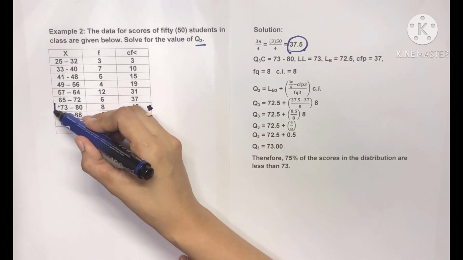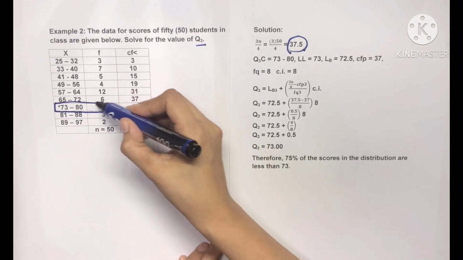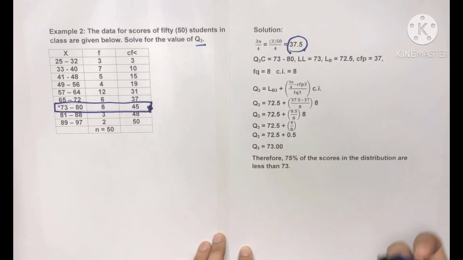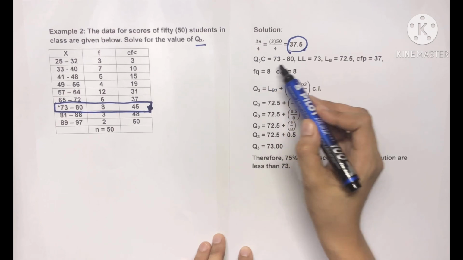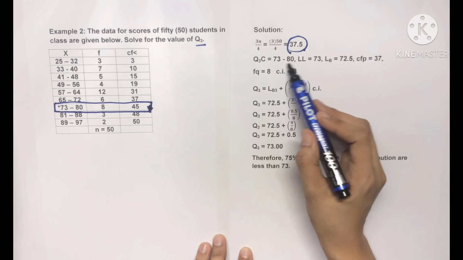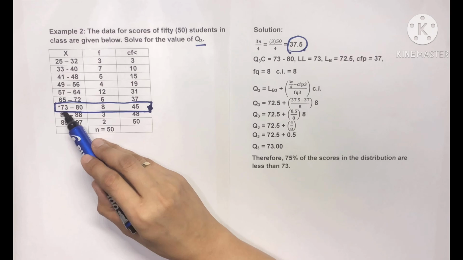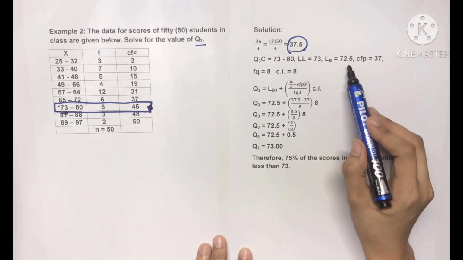So we will just highlight our class or category. So Q sub 3 class is equal to 73 to 80. So this is our category or class. The lower limit is 73. So the lower boundary is 72.5. Why?